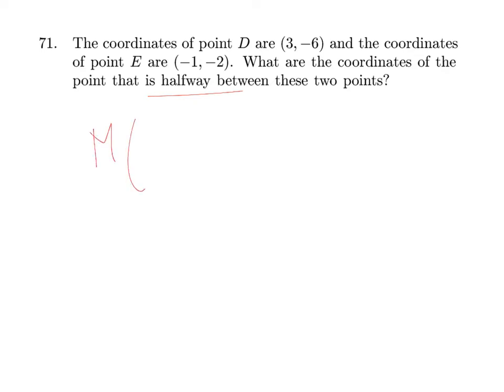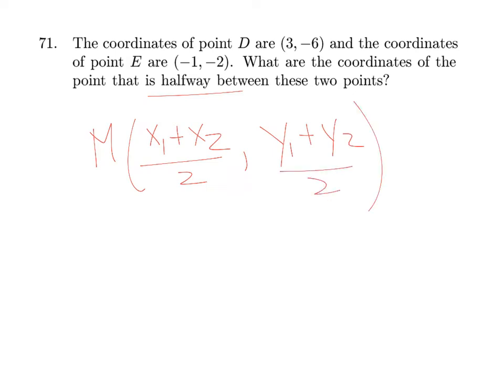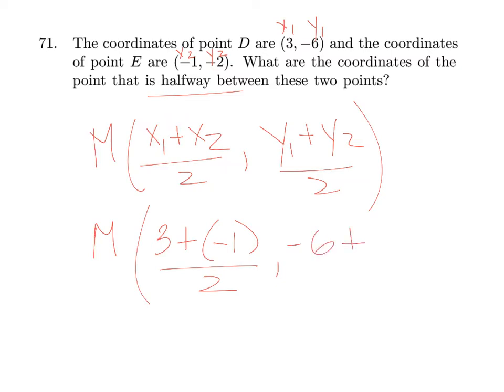So using the midpoint formula, that's my x1, y1, x2, y2: x1, which is 3, plus x2, which is negative 1, over 2, y1, which is negative 6, plus y sub 2, which is negative 2.